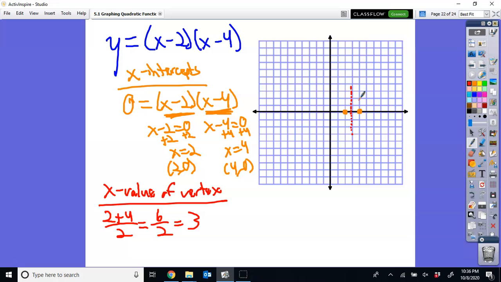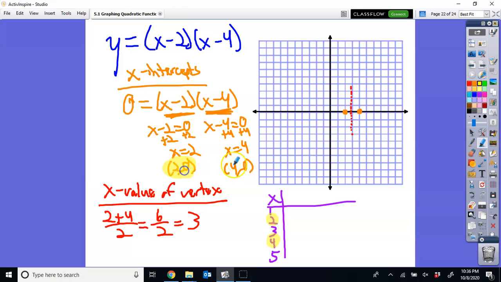I'm not asking you not to use your brain. 3 is in the middle between 2 and 4. I'm just showing you how to do it mathematically in case you come across something that's a little bit uglier, like a word problem. Then we can plug in some tables here. Again, 3 is in the middle. Notice if I go down to 2 and 1, up to 4 and 5, this right here is my intercept, 4 and 2.